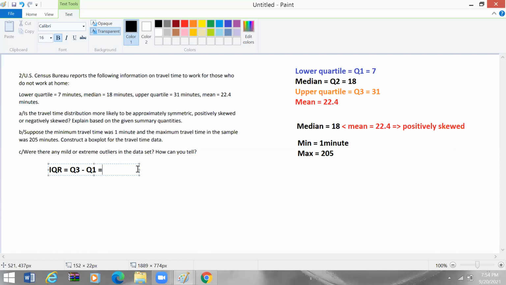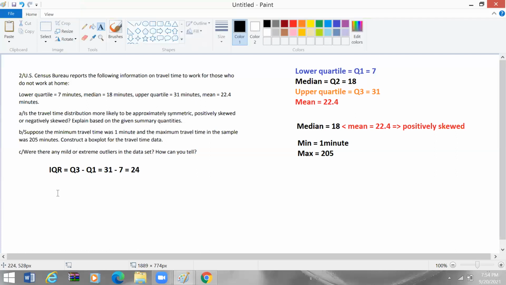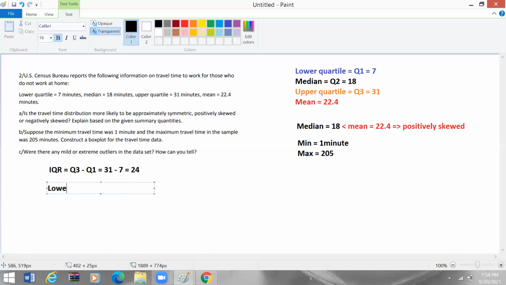Now, when I compute the IQR, I'm going to take Q3, equal to 31, minus 7. I got 24. Okay. After that, I'm going to set up the lower fence. The lower fence doesn't matter because 1 minute is good. One can never be the outlier. So we can take Q1 minus 1.5 times the IQR.